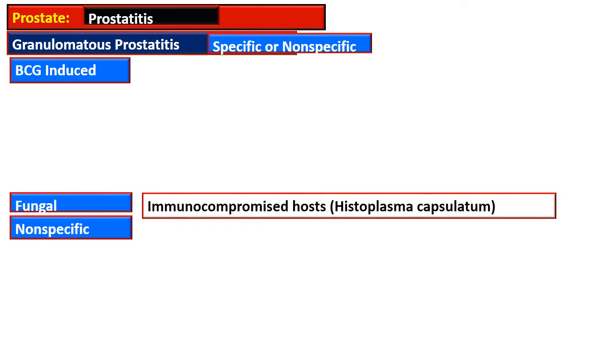The fungal granulomatous prostatitis is common in immunocompromised hosts, and Histoplasma capsulatum is one of the fungi that is frequently responsible for this condition.